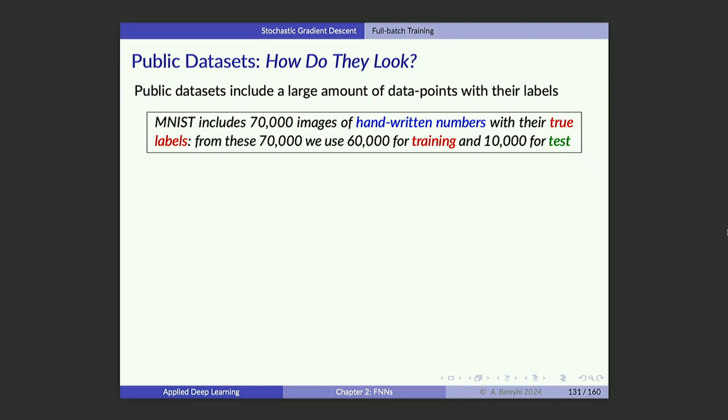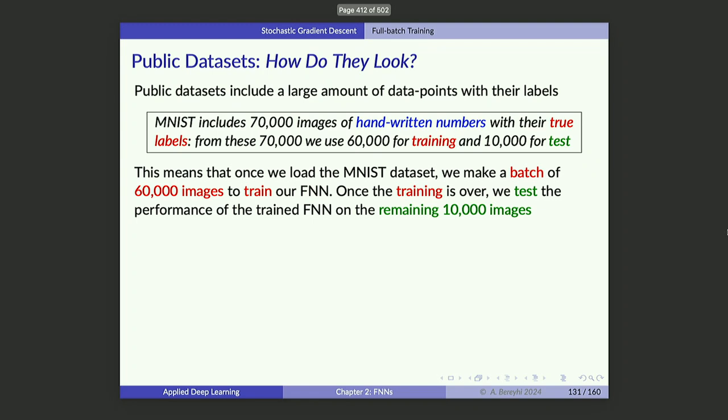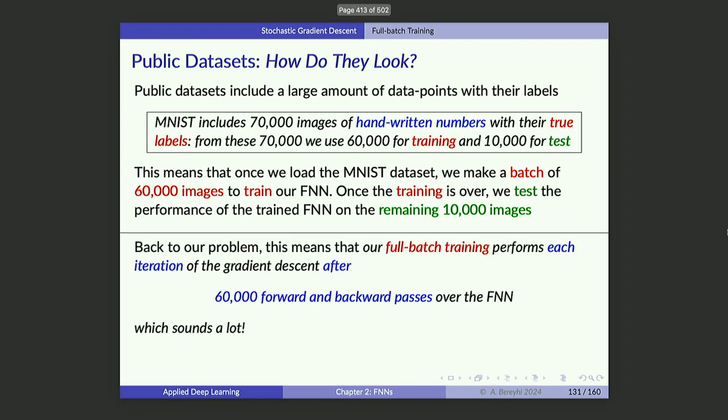Now, our batch has 60,000 different data points, right? And if you want to do full batch training, it means that for every single iteration of your gradient descent, you need to do 60,000 forward-backward passes. Clear? Which sounds quite large.